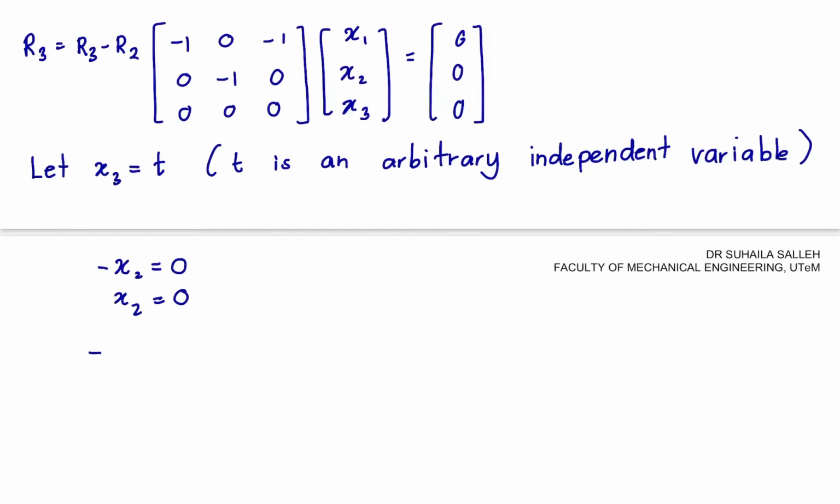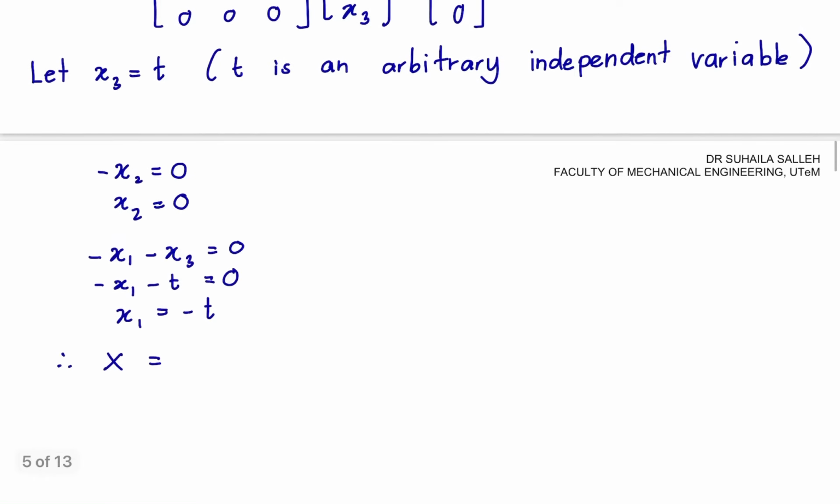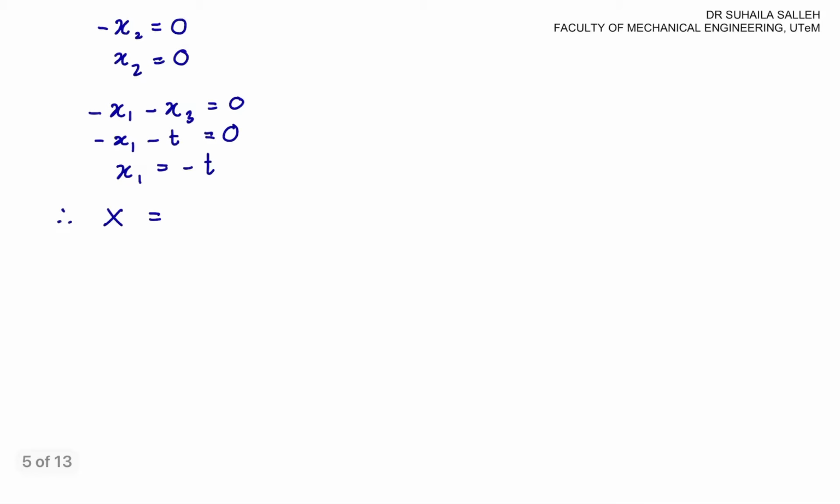From the first row, I have minus x1 take away x3 equals to 0. x3 was t just now. So minus x1 take away t equals to 0. x1 equals to minus t. So therefore, you can have our eigenvector here. The values would be x1 is minus t, x2 is 0, x3 is t.